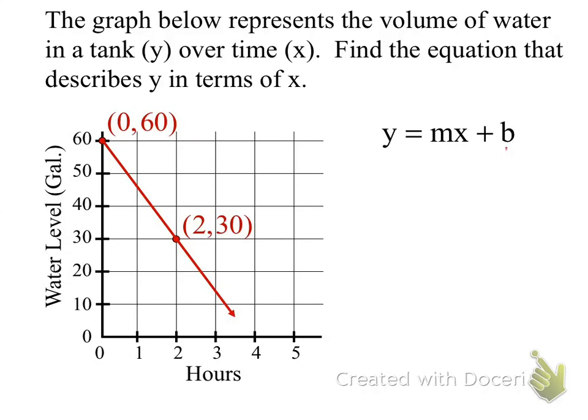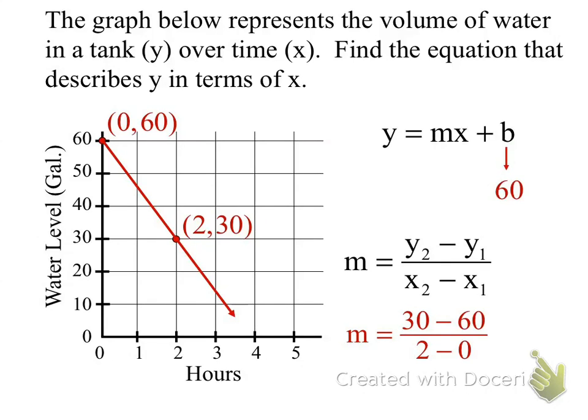She's subtracting 30 minus 60. And in our x values, what are we subtracting? 2 minus 0. So when we simplify that, what does that become? Negative 15. Negative 15. Okay?